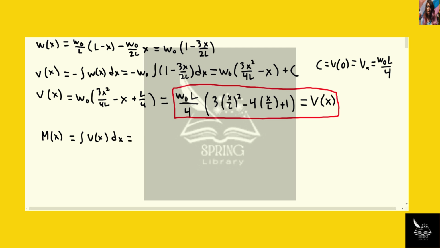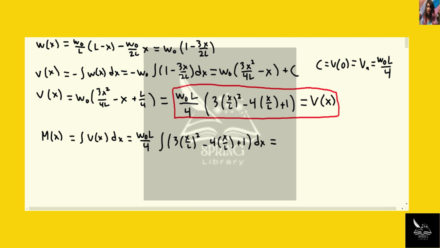We'll factor out that constant W0L over 4 and integral 3 x over L squared minus 4 x over L plus 1 dx.